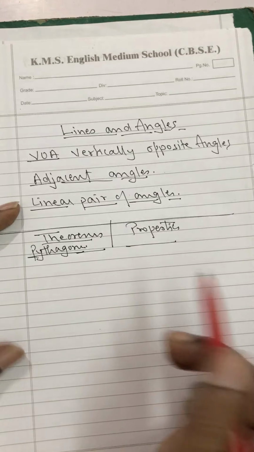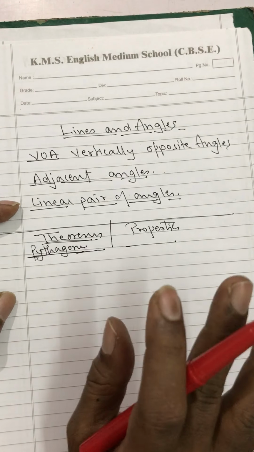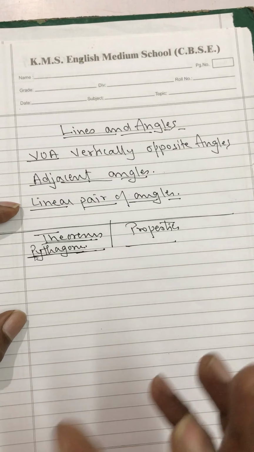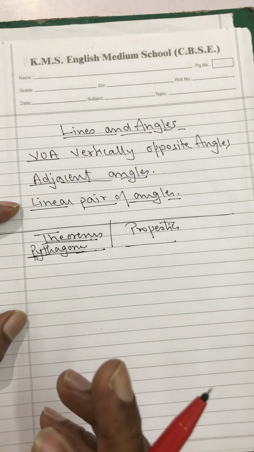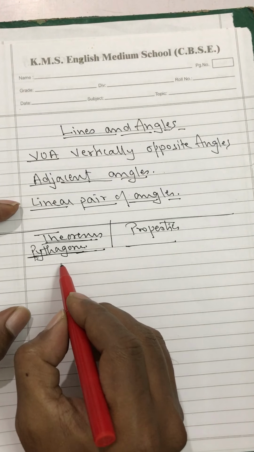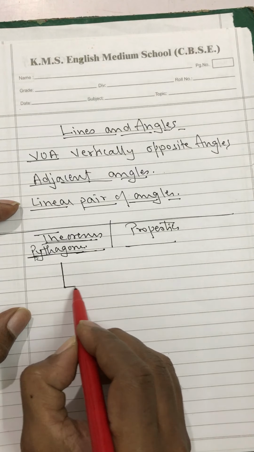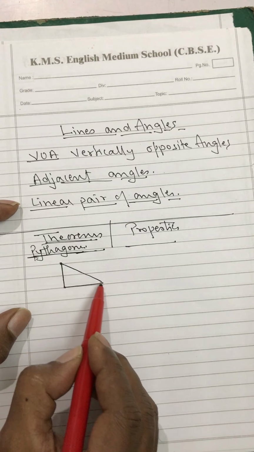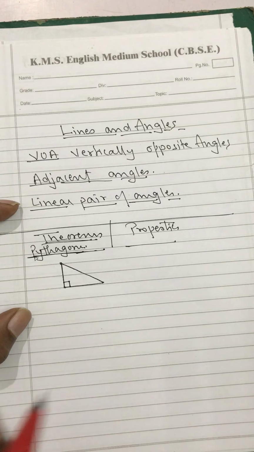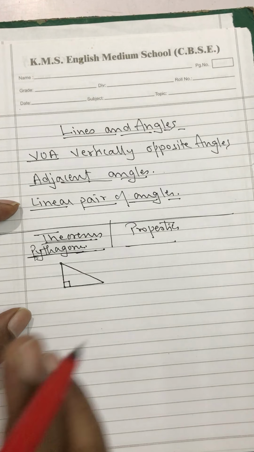For example, the Pythagoras theorem, which you have used nicely by now, also needs something to be satisfied. And what is that? The Pythagoras theorem is applicable only in a right angle triangle. If a right angle triangle is there, only then is the Pythagoras theorem applicable.